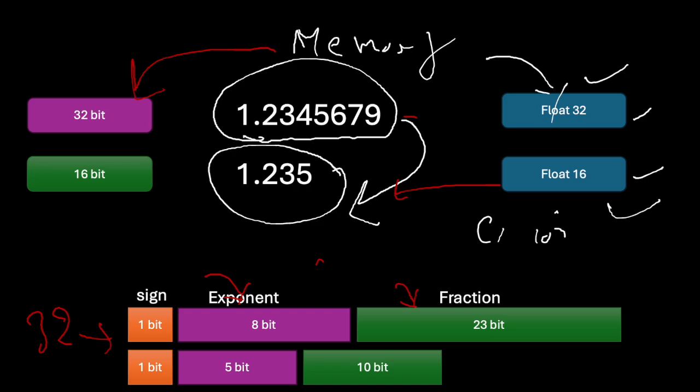Similarly, if we convert 32 bit into 16 bit, the first bit will contain the sign, the next 5 bits will contain the exponent, and the next 10 bits will contain the fraction details. But you see, it takes very little memory space, a 50% reduction in memory space.